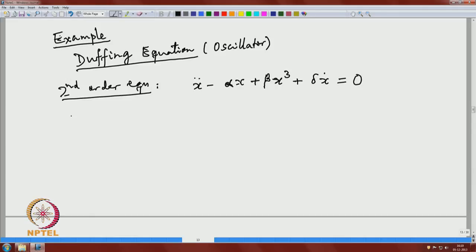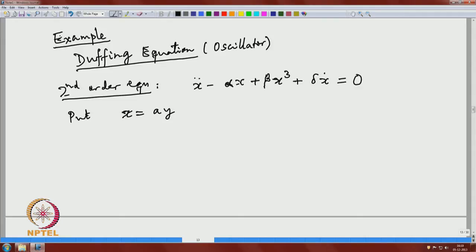Okay. So, put x equal to a y. Let me put that, it is easier. So, x equal to a y, and a is a constant. I am going to choose a little later what should be a.